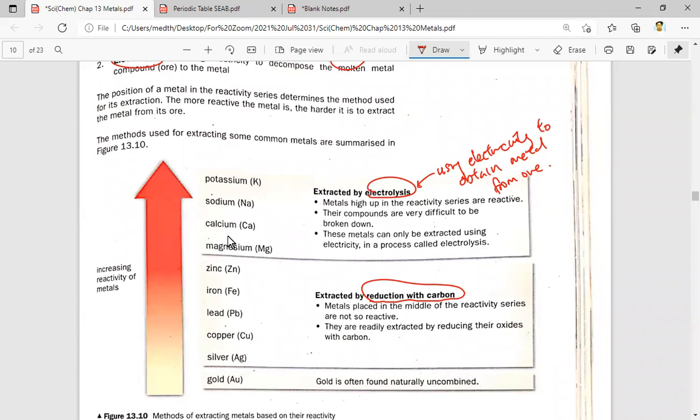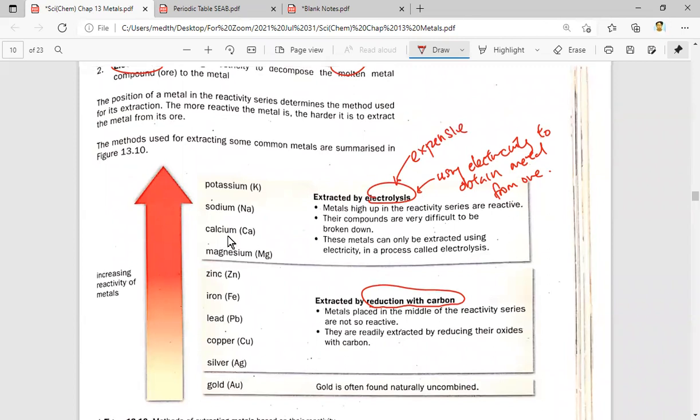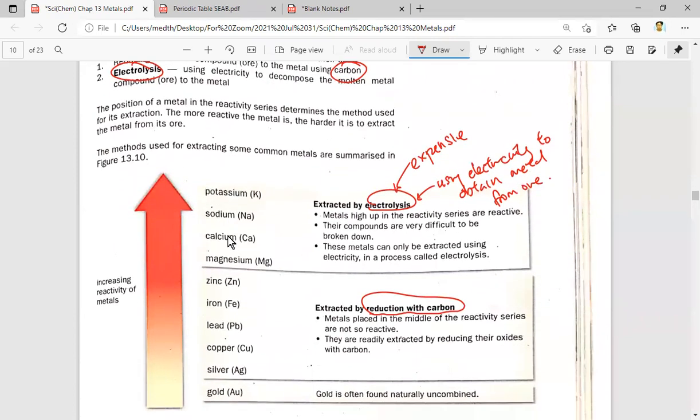If the more reactive ones can use electrolysis, the less reactive ones can also use electrolysis. The reason we don't is that electrolysis is a very expensive method, because you use a lot of energy just to extract the metals out. So we try not to use electrolysis where possible. We use reduction with carbon, which is a cheaper method to get the metal out from the metal ore.